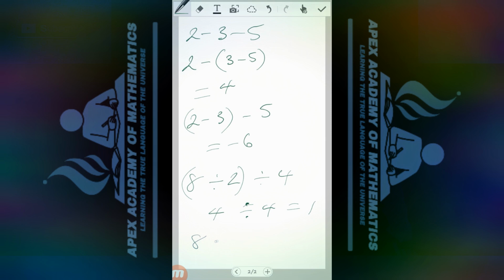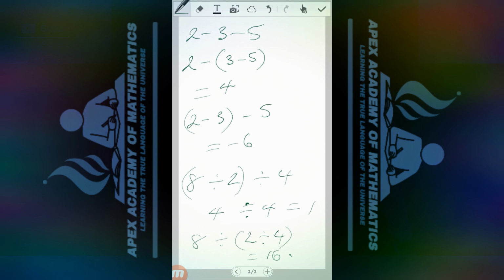However, if I associate the 2 divided by the 4 here, 2 divided by 4 is a half, and 8 divided by a half is actually 16. So it does not govern the division and subtraction aspect.